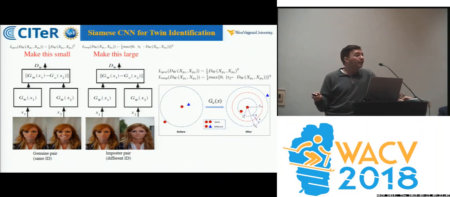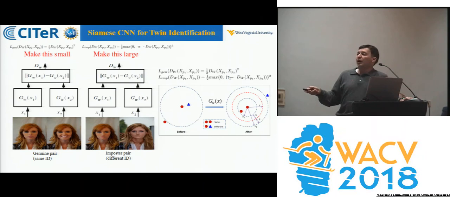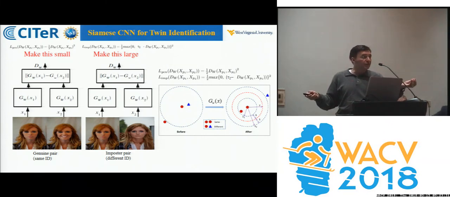If they can distinguish identical twins, their algorithm should work very well. So what we did was, can you identify whether these two are genuine pairs, same ID, or these two are identical twins but not the same ID? It's very difficult even for humans. Can you develop an algorithm or a face recognition system that can do that for you?